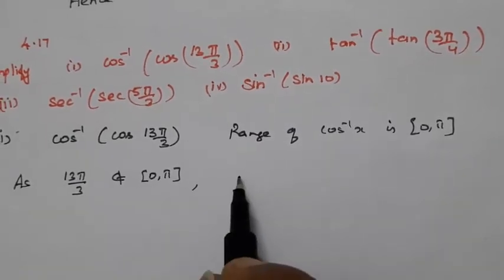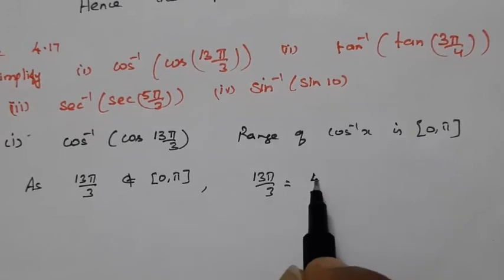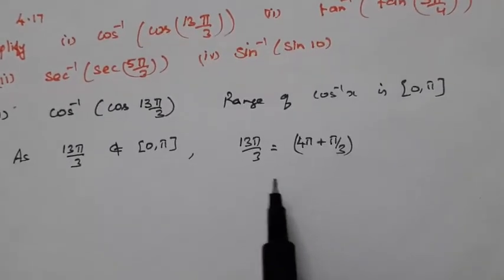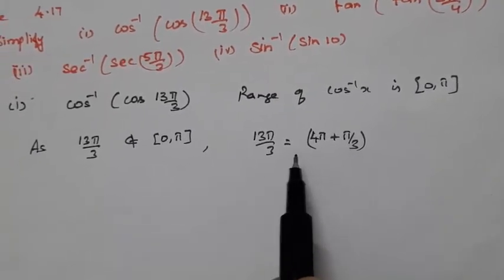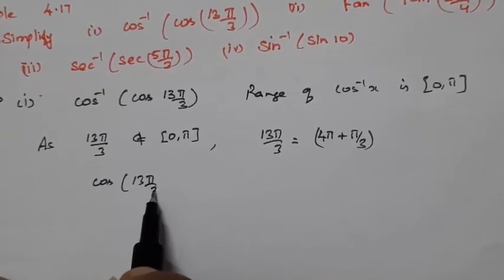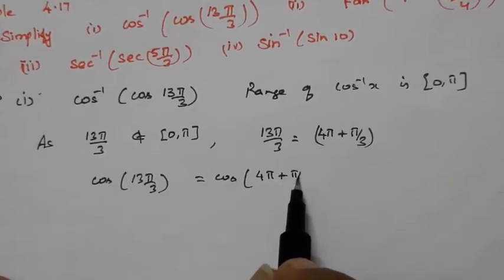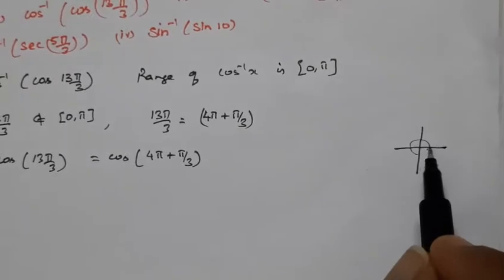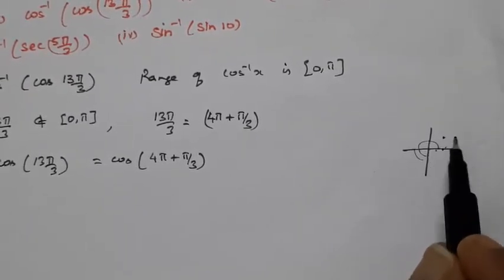Okay. So, we can split this 13 pi by 3 as 3 fours 12. So, 4 pi plus pi by 3, right. And moreover, the cos value of this one and the cos value of this should be equal. So, cos of 13 pi by 3 is equal to cos of 4 pi plus pi by 3. 4 pi means after two rotations of 2 pi, 4 pi plus pi by 3 means this lies in the first quadrant.